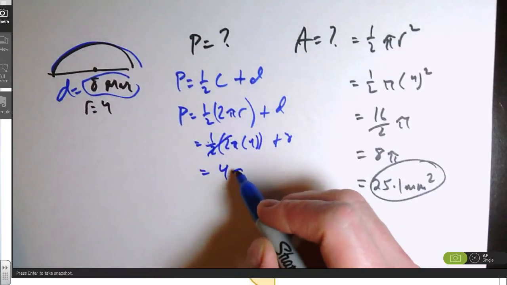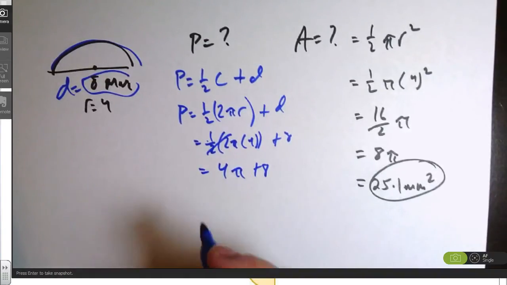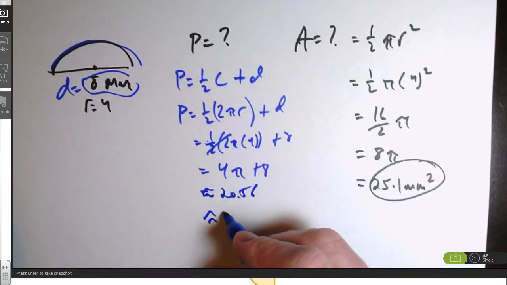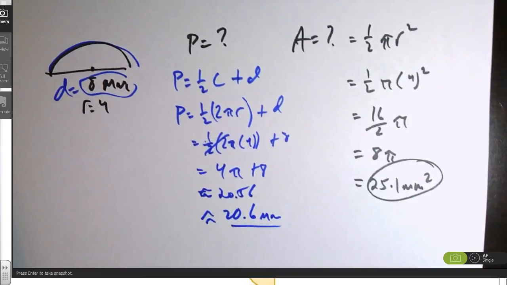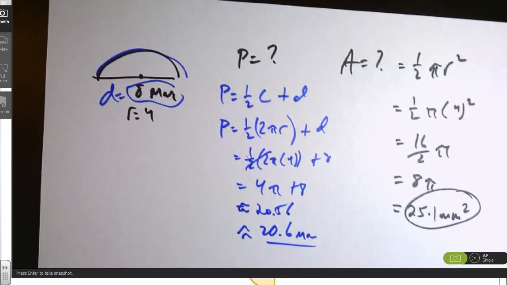So that's really 4 pi plus 8. Then just do 4 times 3.14, which is 12.56, plus 8, 20.56, which is approximately 20.6 millimeters for your perimeter. Okay, all right, that's it for section 11.8.